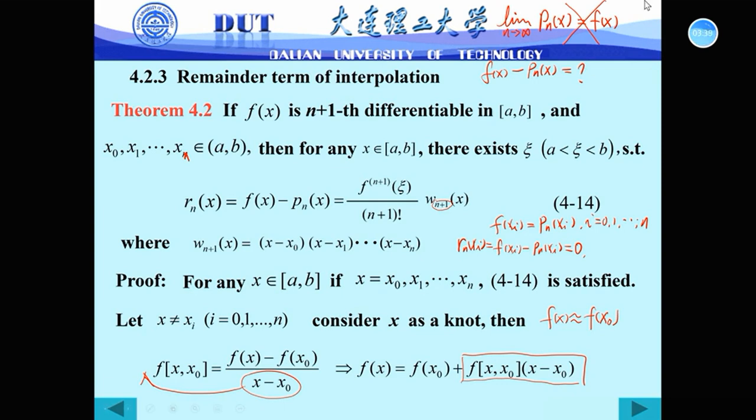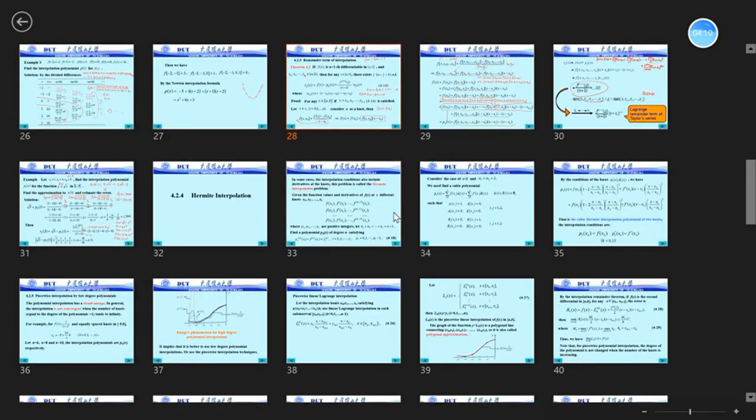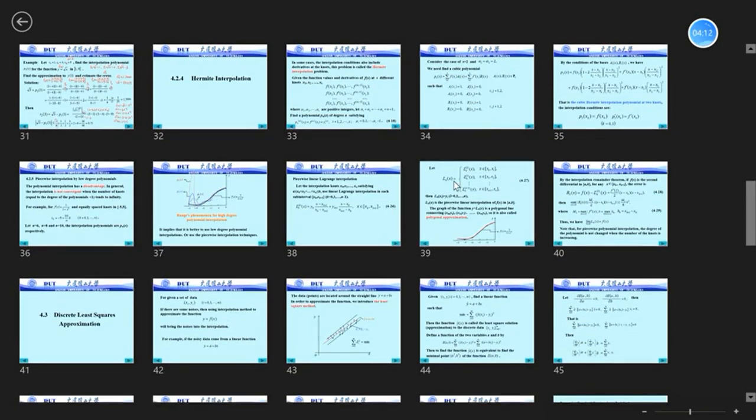So we don't have convergence. Even if you add more and more nodes, P_n(x) does not converge to f(x). This is a disadvantage of the polynomial interpolation method. Is that okay for you? You should know this fact.